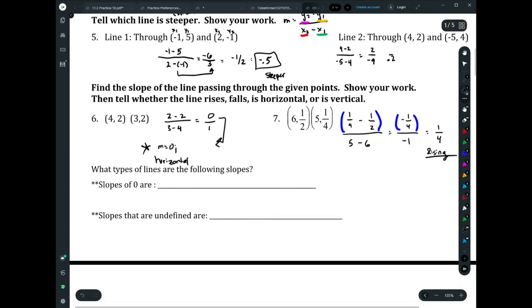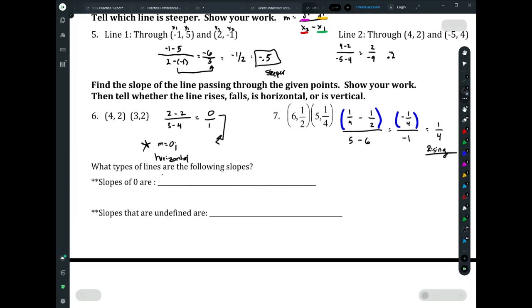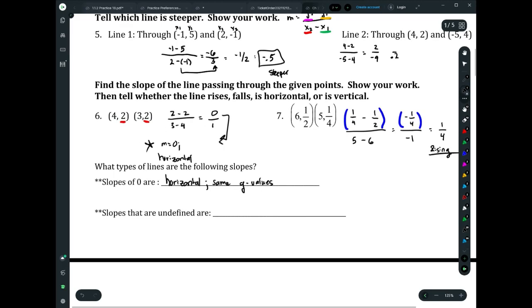And I'll write those down here for you to remember. Key things to remember with slopes. Slopes of 0 are horizontal. And you'll also notice that they have the same y values. So notice when these were horizontal, we had 2 and 2. Those were the same. As for undefined slopes, those are vertical, and they're going to have the same x values.